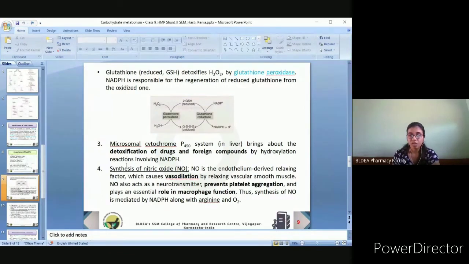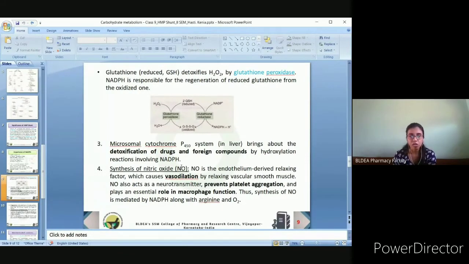Next is synthesis of nitric oxide. Nitric oxide molecules are synthesized within the body, and they are important to maintain vasodilation, meaning dilation of the arteries and veins. These must always be kept in the dilated condition. If the vessels get constricted, then the pressure on the heart increases, which tends to increase the blood pressure, that is hypertension.